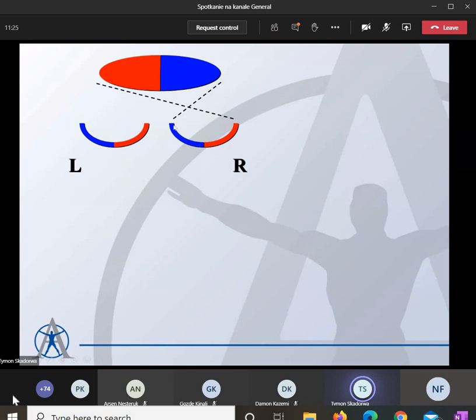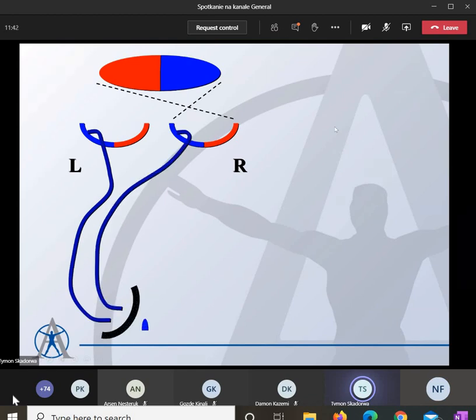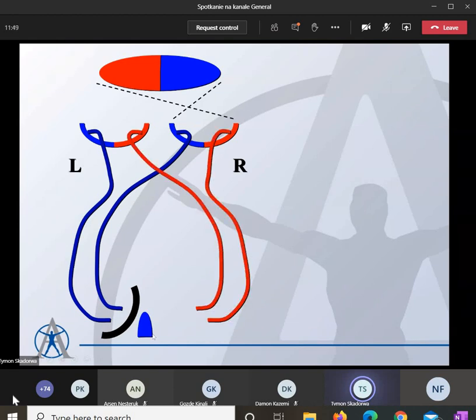And in the right side we have nasal area and temporal area, and please note that they register different parts of the visual field. Now, both parts which register the right side of the visual field send out fibers to the left-sided visual cortex, and the same for the remaining fibers from the nasal part and temporal part of the right and left retinas.